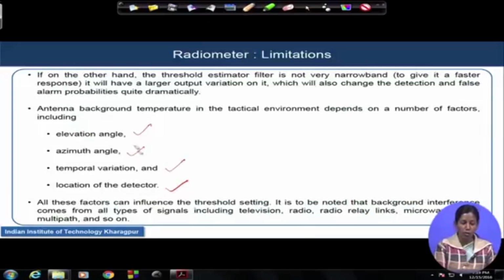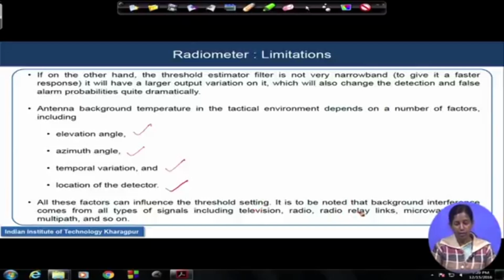When this temperature depends on so many factors and any one of those or a combination of those are varying, it affects the temperature, and once the temperature is varying, the sensed noise value at the threshold setting of the received signal is varying, and hence the corresponding threshold setting will be varying.